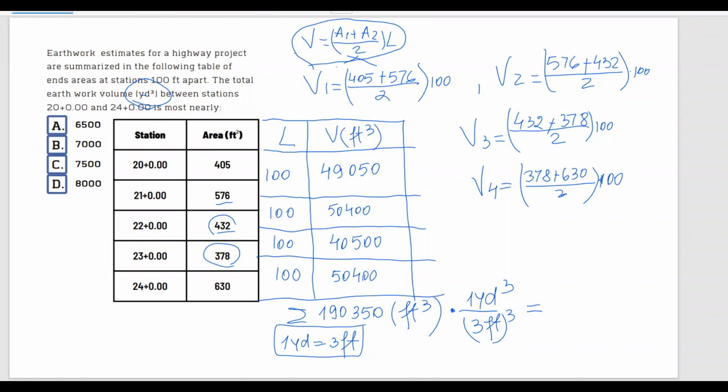And this means feet cubed and feet cubed are going to go away. 3 cubed is 27, so I have to divide my number by 27 and I get 7,050 yards cubed. And the closest is B. The correct answer is B.